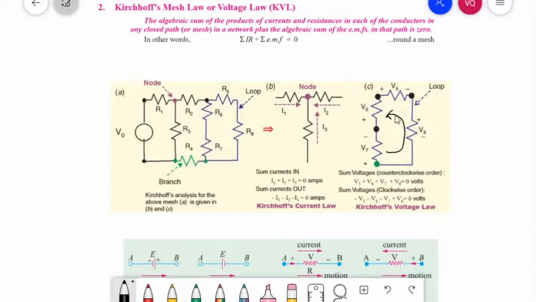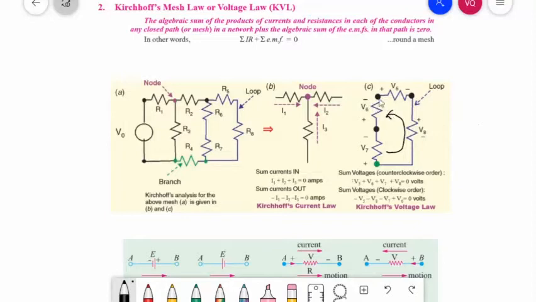We have current entering the negative sign of V5 or R5, so you have a rise in voltage, and you will have a positive here. After this branch, next is V6, which has a negative sign here.